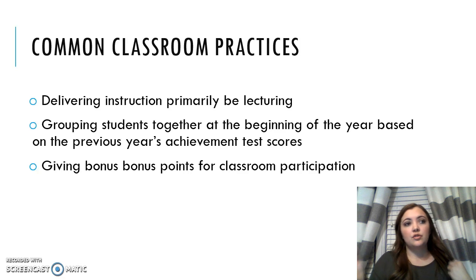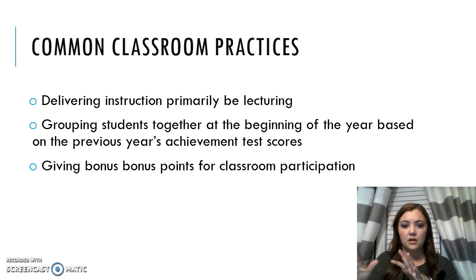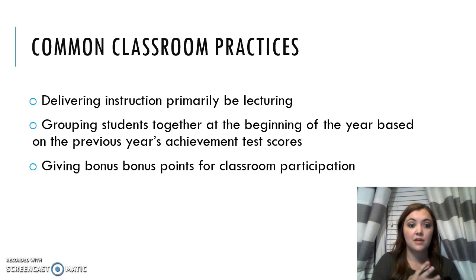But if we just assume that this is the test score we have from last year, and we're just going to put them in the same group this year because they haven't progressed or decreased, that is kind of not the best way to go about it.